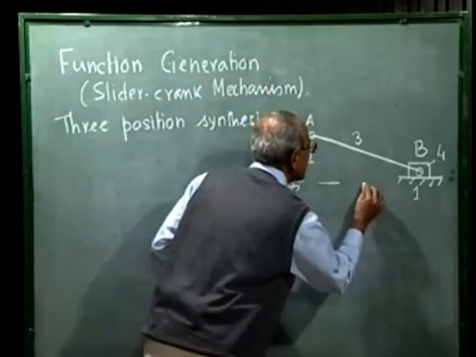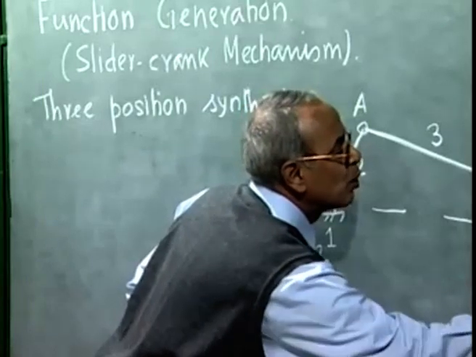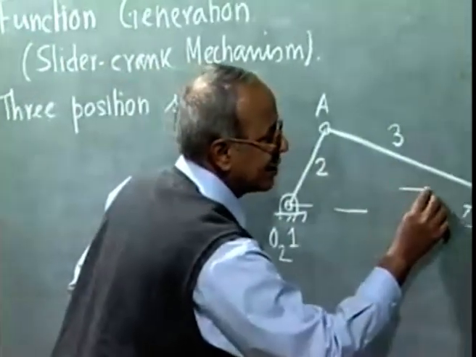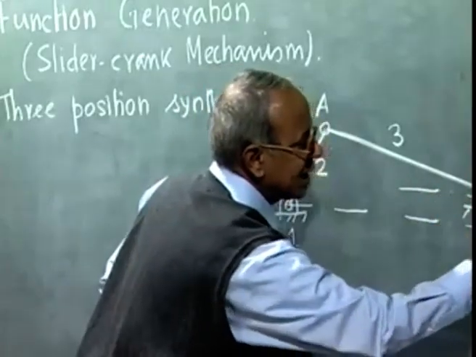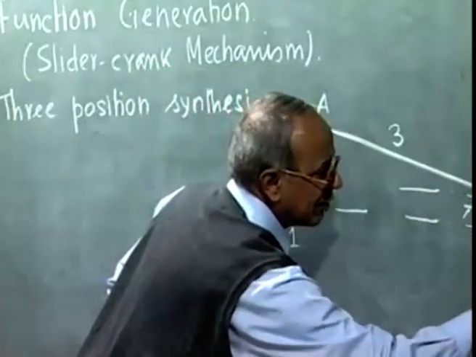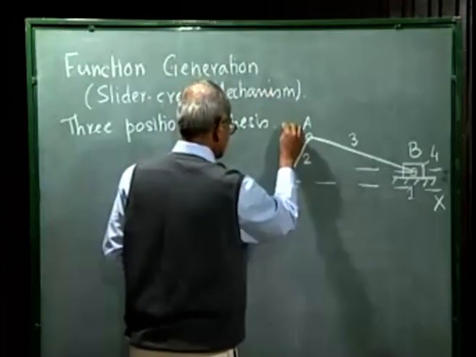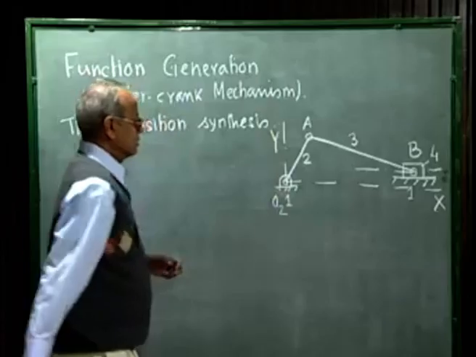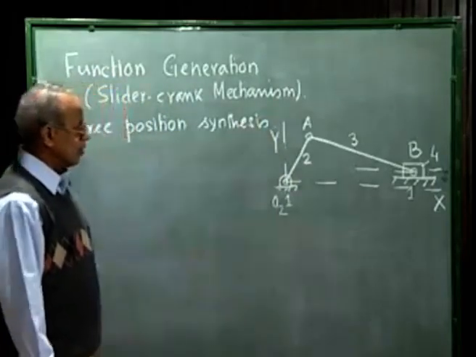The direction of sliding is horizontal, and through O2 I draw a line parallel to the direction of sliding of the slider, and this we call our x-axis. Perpendicular to that, through this origin O2, we draw our y-axis.